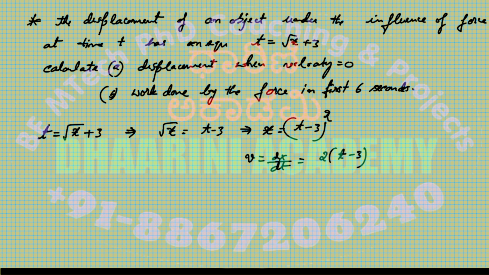So we can simply write half m into vf square, final velocity at t equal to 6, velocity is 6, so 36, minus at 0, it's minus 6 square, which is once again 36. So anyway, irrespective of what is half m, the answer is equal to 0. So work done by the force in the first 6 seconds is going to be 0.